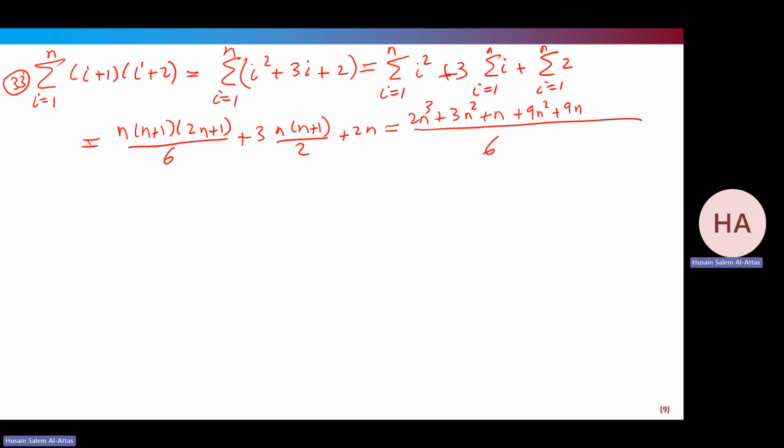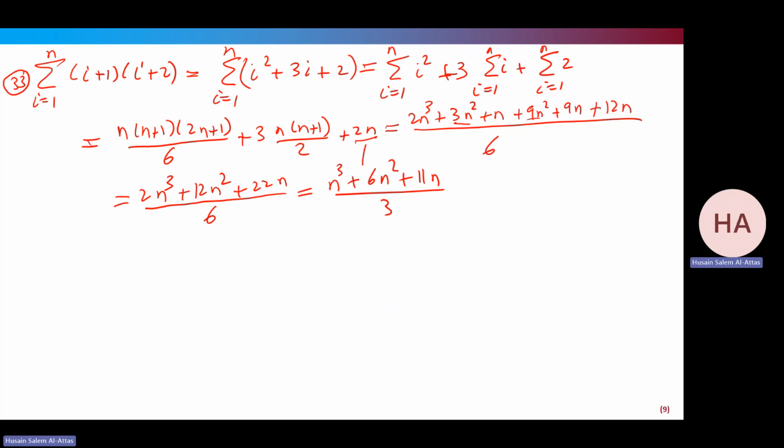This one over 1, that will be plus 12n. So the answer is 2n cubed, 3n squared plus 9n squared is 12n squared, and 10n plus 12n is 22n over 6. Take 2. In fact, I have n cubed plus 6n squared plus 11n over 3.